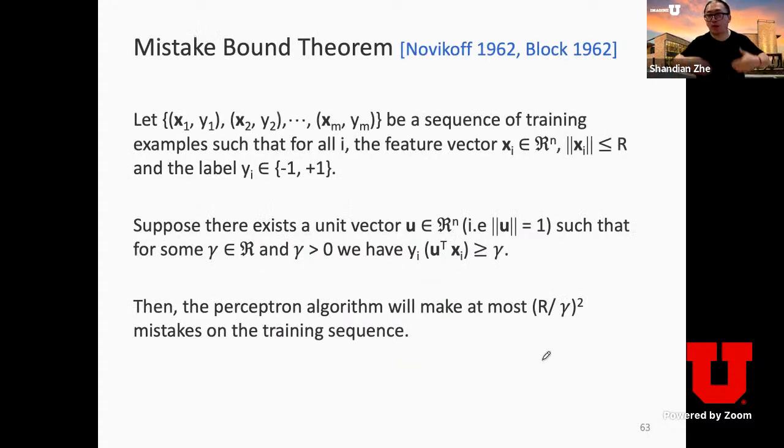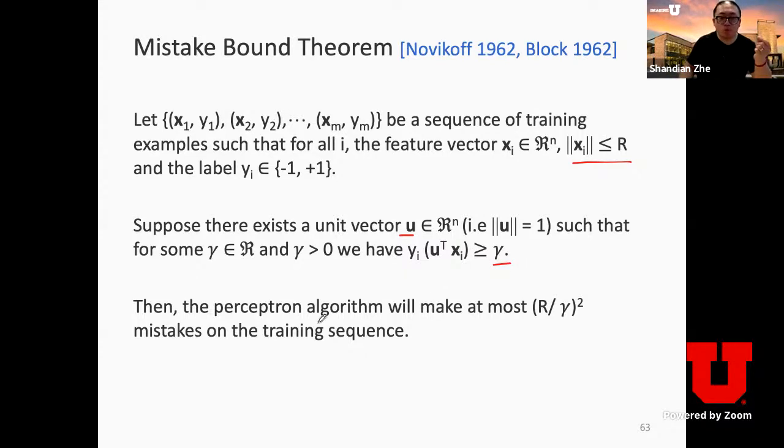Let's read through this theorem again to connect everything together. This is the mistake bound theorem. We assume, first, that all the training examples are bounded. They have a bounded range, a maximum span R. And the data set is assumed to be linearly separable, meaning that we can find a unit vector u which determines a separating hyperplane whose margin is at least gamma.